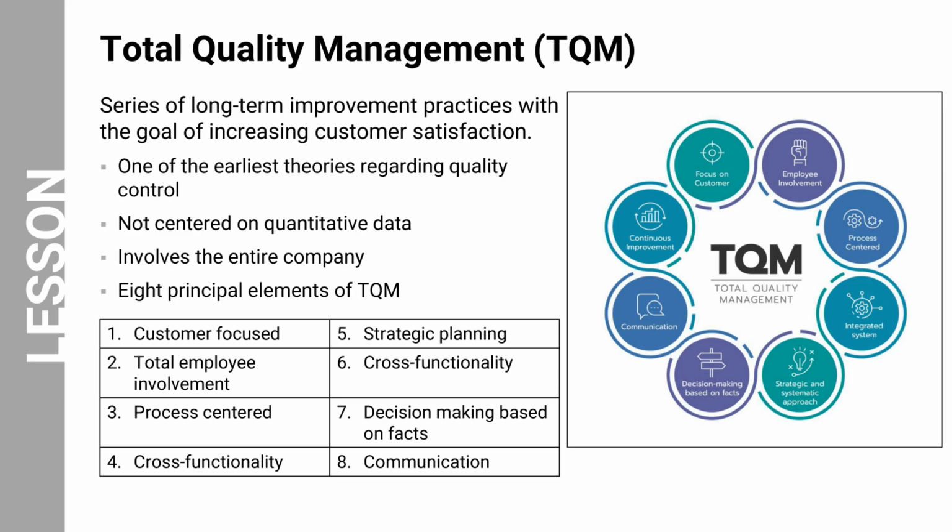Cross-functionality appears twice in the elements, emphasizing the importance of teams working across different departments and functions. Strategic planning provides direction and long-term objectives for quality initiatives. The system relies heavily on decision-making based on data analysis rather than assumptions or intuition. Finally, effective communication throughout the organization ensures that quality goals and initiatives are clearly understood and implemented by all stakeholders.